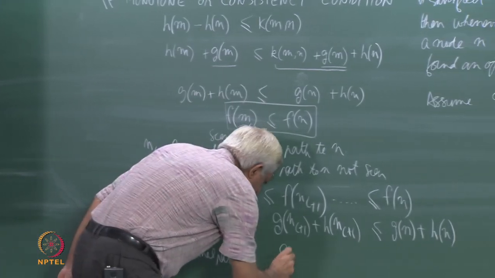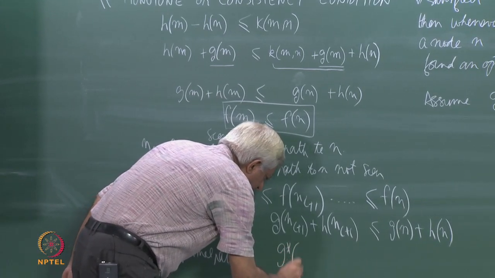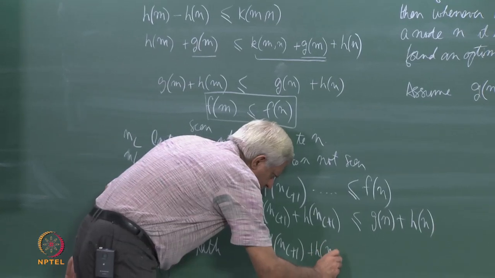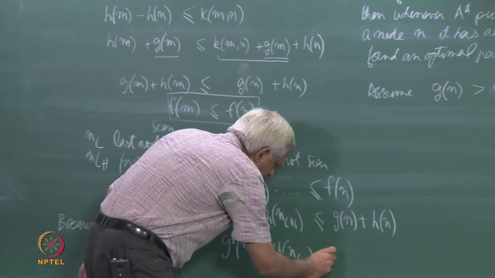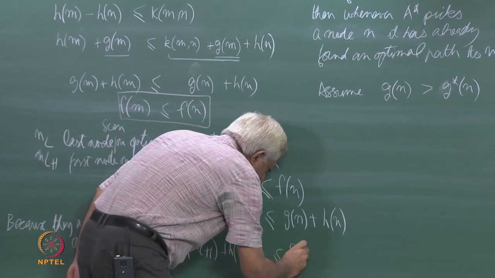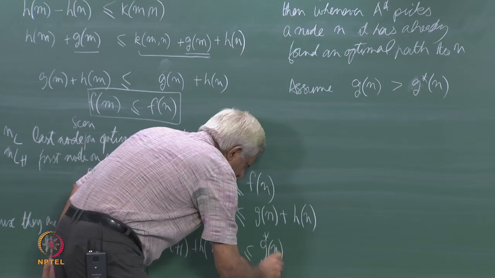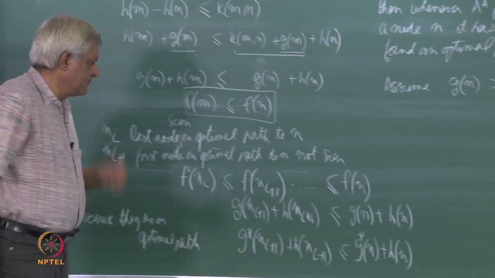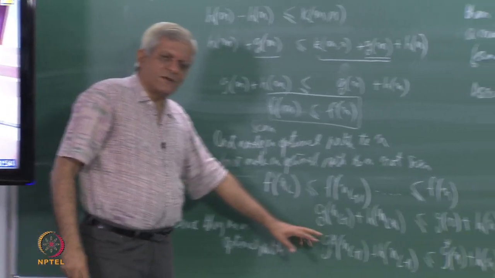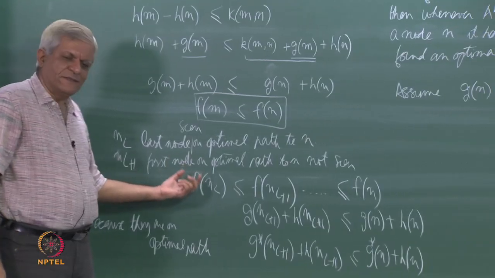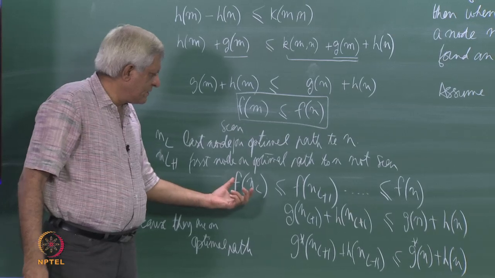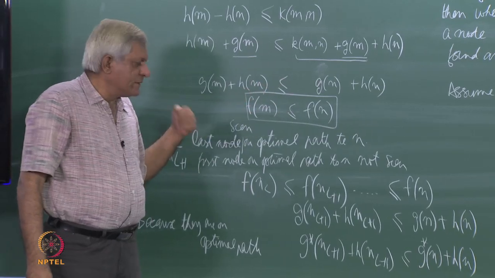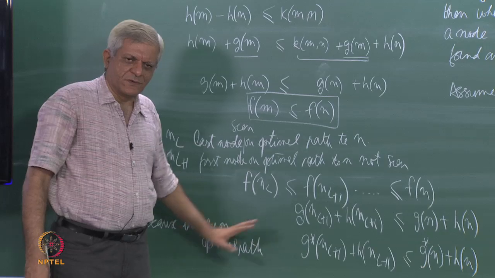So, we can write g star of n L plus 1 plus h of n L plus 1 is less than or equal to g star of n plus h of n. We can put this star because we are assuming that these nodes, n L and n L plus 1, are on the optimal path to n. So, on this path these properties will hold.